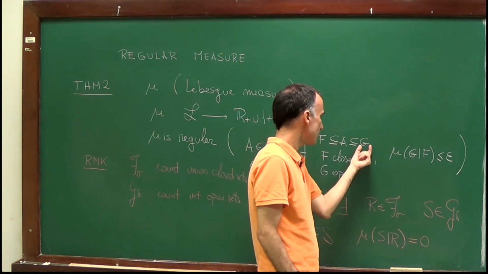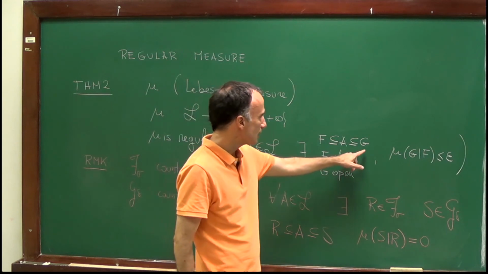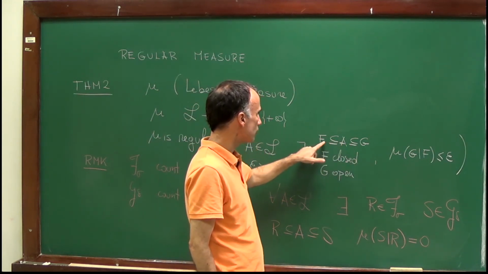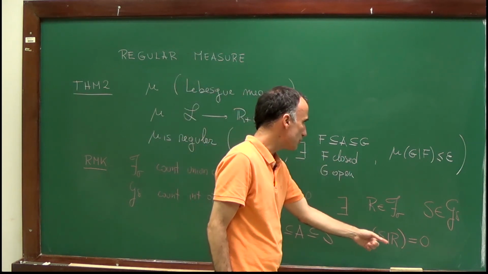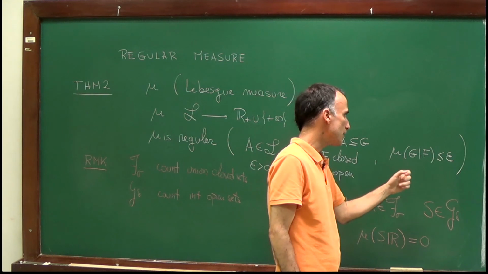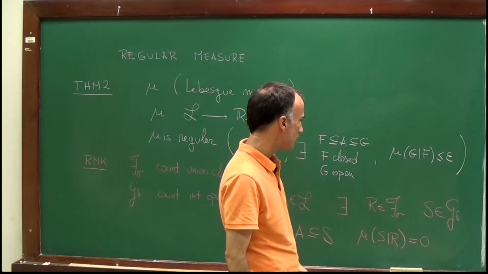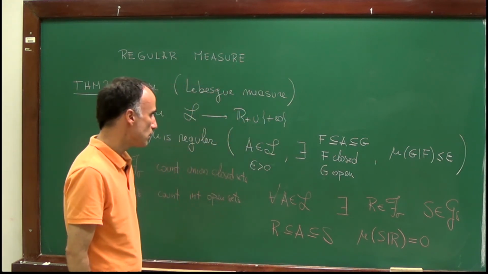S is a G delta, it's the intersection of open sets. S clearly contains A, and A contains R. And the measure of S minus R is bounded by the measure of Gn minus Fn for any n, which is bounded by 1 over n. And from that you conclude that the measure of S minus R is equal to 0.